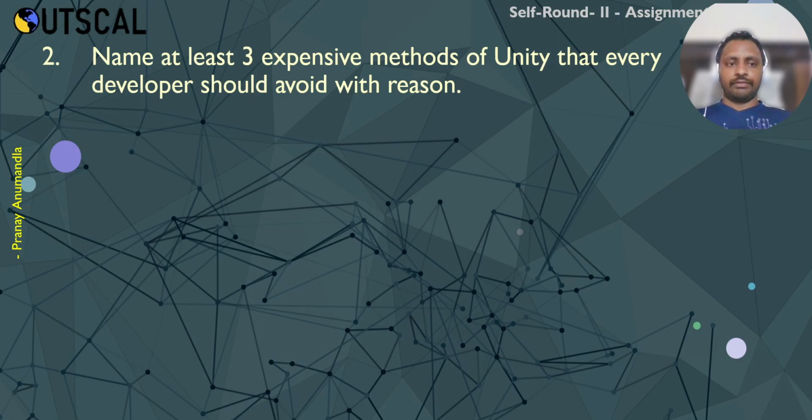If there are many objects in the scene, it will compare the name with each of the objects, and it will lead to performance issues as it checks each and every object from a big pool of objects. So it is an expensive method to call to find an object.